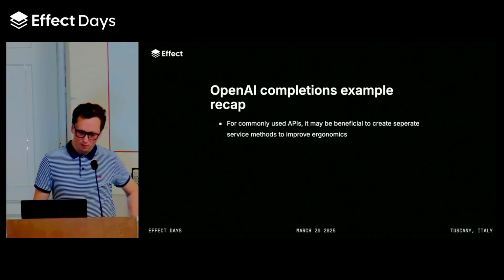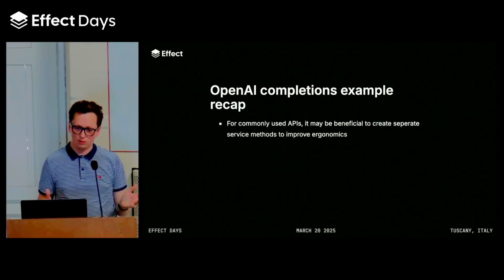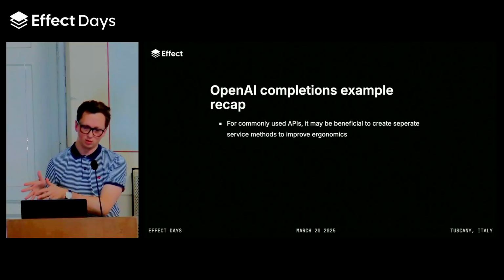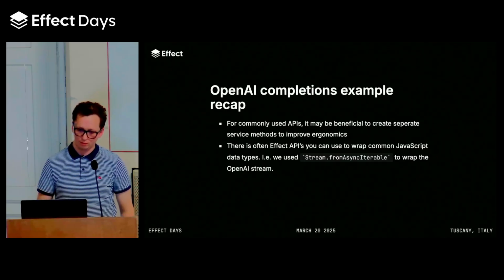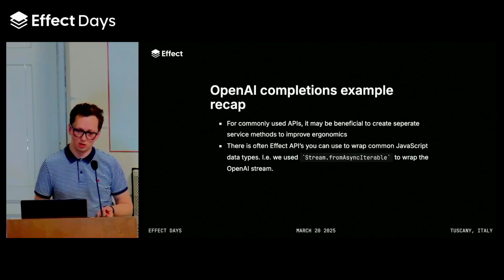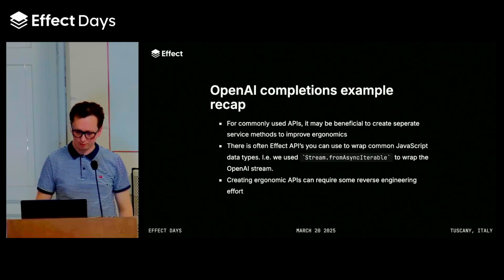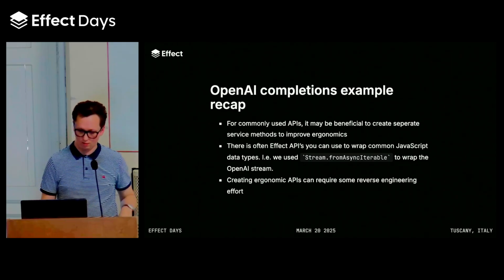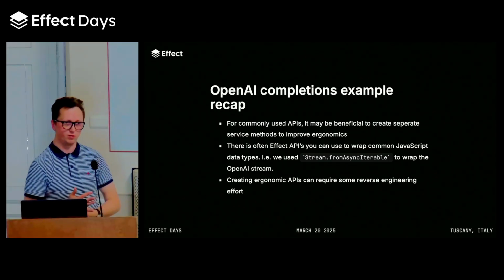So quick recap. For commonly used APIs in your business logic, it's quite beneficial to create separate methods for those to improve ergonomics and reduce all the .use clutter. And there's quite a lot of Effect APIs that you can use to unwrap JavaScript data types. In this instance, we used Stream.fromAsyncIterable. You've probably noticed that sometimes this requires quite a bit of reverse engineering effort.